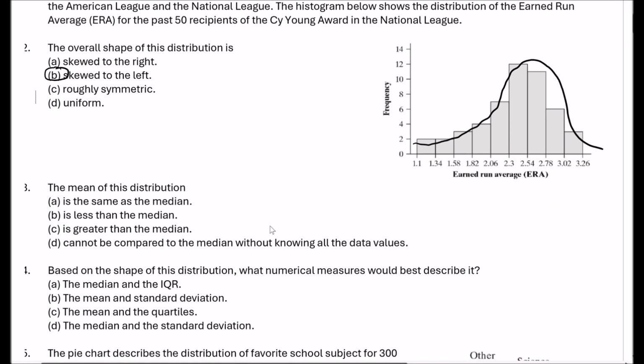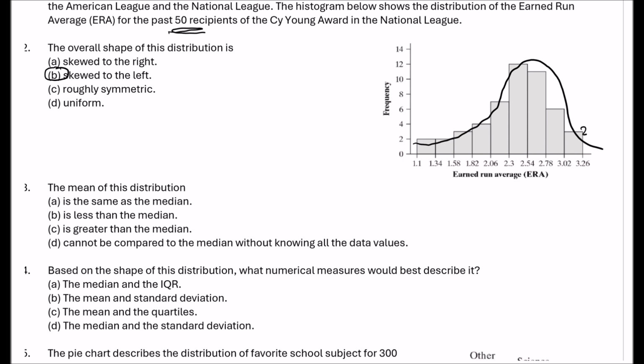The mean of this distribution: remember the median is the halfway point, where 50% is to the left and 50% to the right. If there are 50 recipients, then once we reach the 25 mark, that's about the halfway mark.